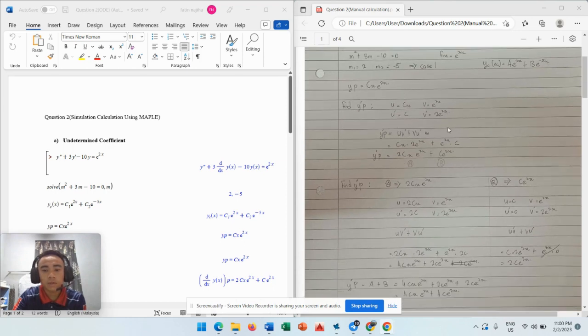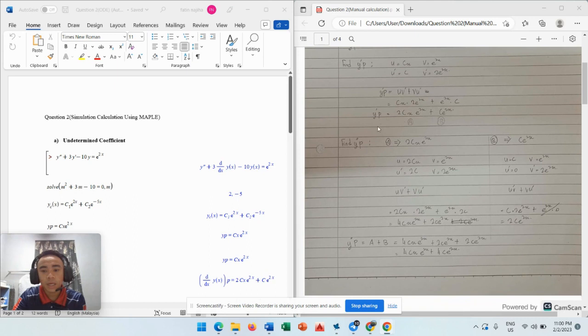Next, we need to define Y prime P and Y double prime P. To find this, we need to do the product rule for the YP to get the answer.